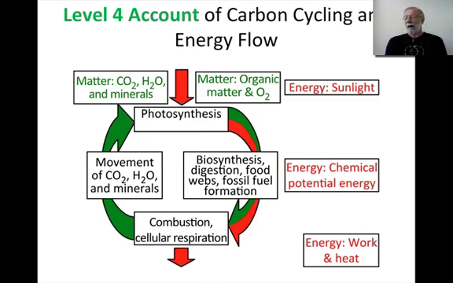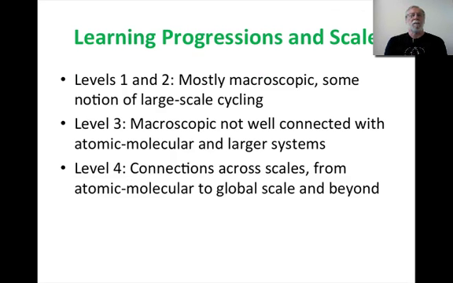And we're back to our large-scale carbon cycle diagram. So you'll see matter cycling into and out of the atmosphere, and energy flowing from sunlight to chemical energy, and finally to heat and work. So that's the overall story of our learning progression.